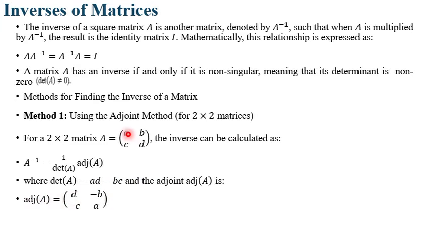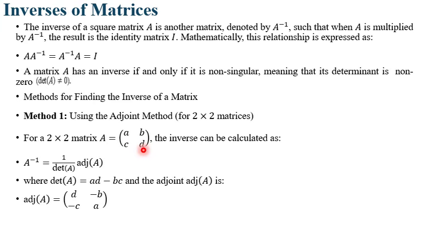And that's it here. Then, how do we find the adjunct of A? Now, as a simple rule, on the diagonal from the top to the bottom, you interchange the elements there. In other words, you bring element D to this point and you take element A and you put it at this point.